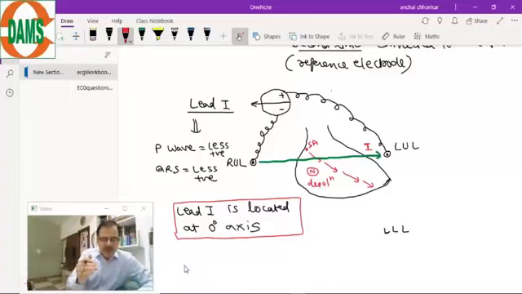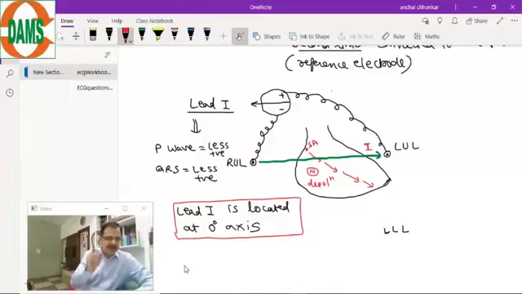Now coming to lead 2. Hopefully lead 1 is clear to all of you: how lead 1 is made, what the manifestation of the P wave and QRS in lead 1 is, and what the location of lead 1 is in an imaginary axis. So this is located at the 0 degree axis.